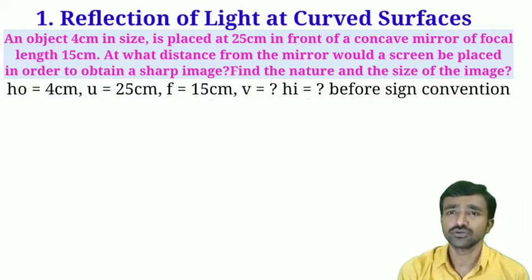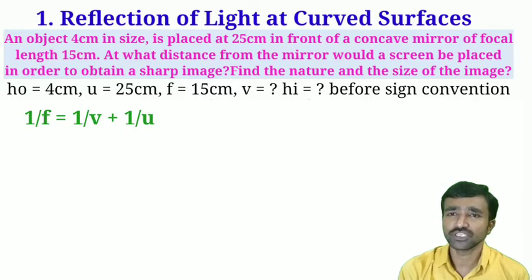Then to decide the characteristics of the image, we have to use the mirror magnification formula, that is m equal to minus v by u equal to hi by h naught. First of all, we have to find the position of the screen to obtain the image on it. Here use the mirror formula, that is 1 by f equal to 1 by v plus 1 by u.